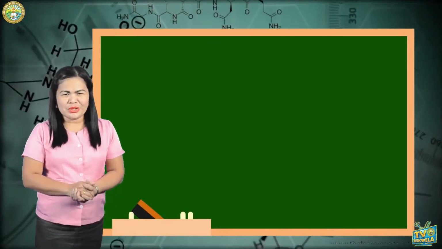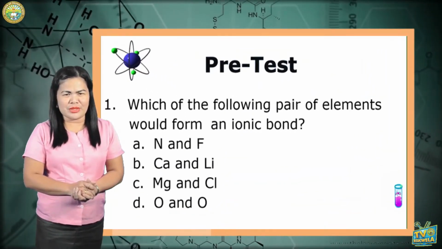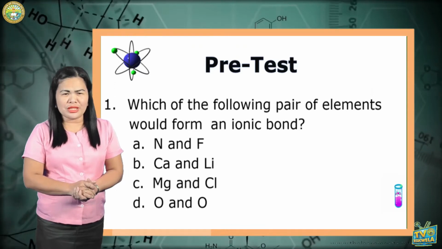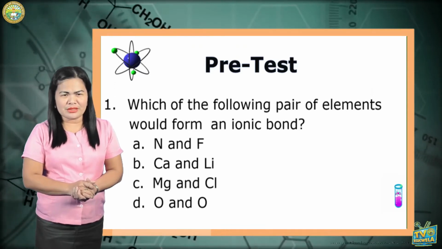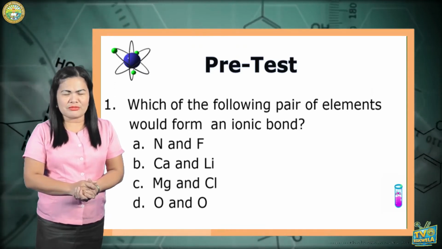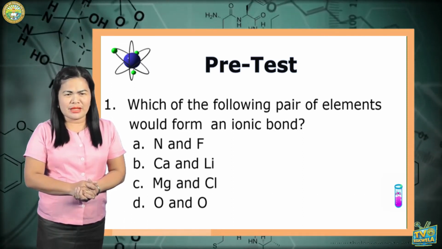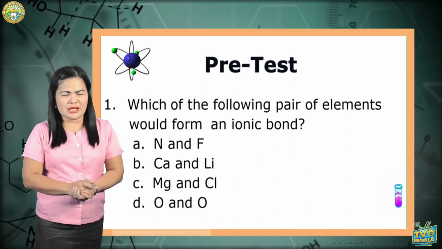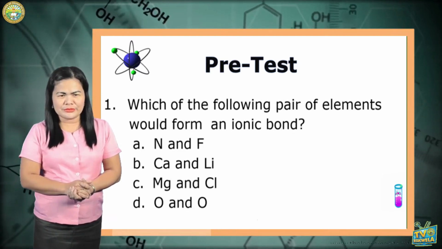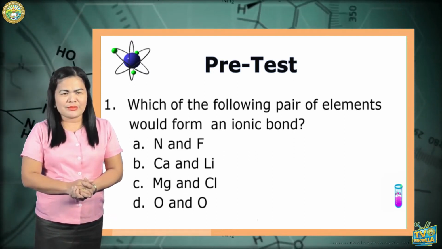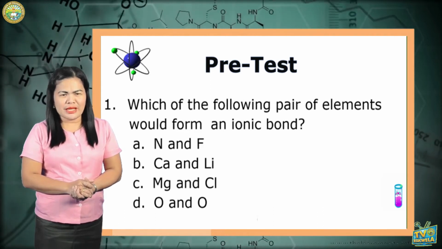Number 1. Which of the following pair of elements would form an ionic bond? A. Nitrogen and fluorine. B. Calcium and lithium.